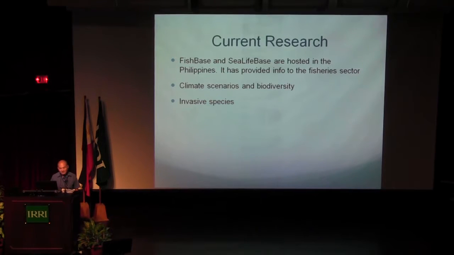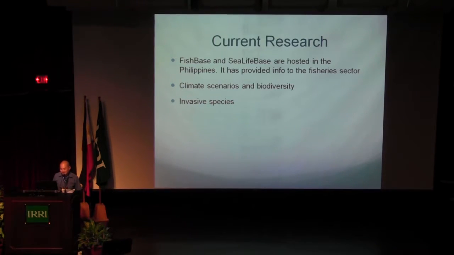And that's one of the important contributions of students, to report new occurrences, especially in their field work, which will enable us to have better understanding of, for instance, the effect of changing climate scenarios on biodiversity, and again, on invasive species.